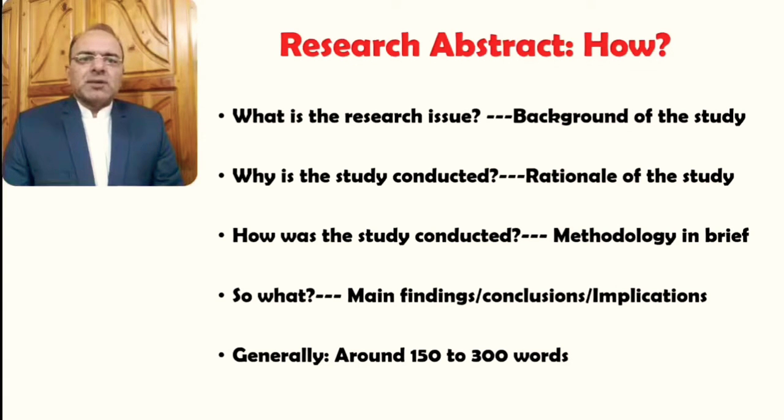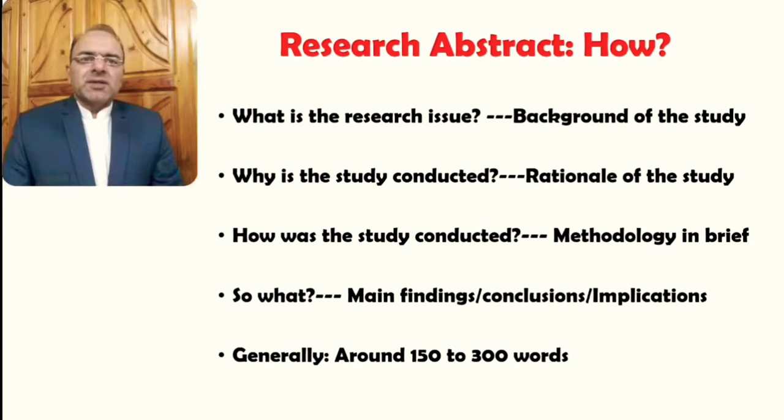Generally, because all of these parts will be very brief, the abstract in most cases should be around 150 to 300 words. There is some variation in the structure of the abstract in line with the requirements of particular research journals, research institutes or universities.